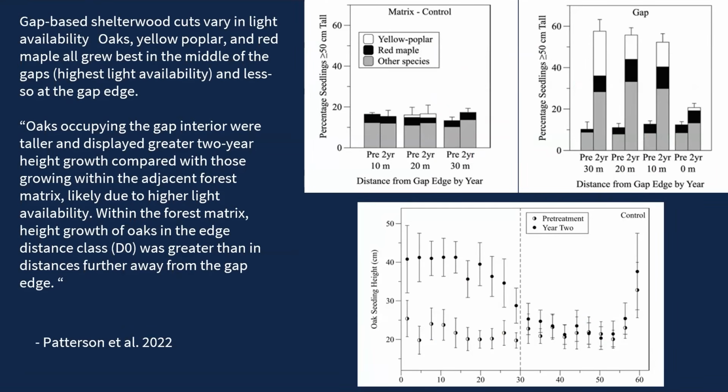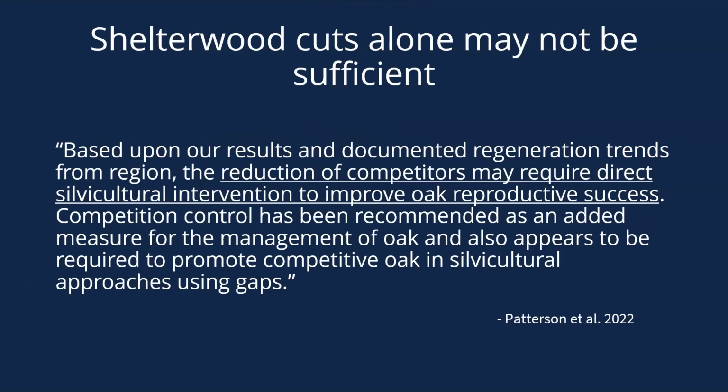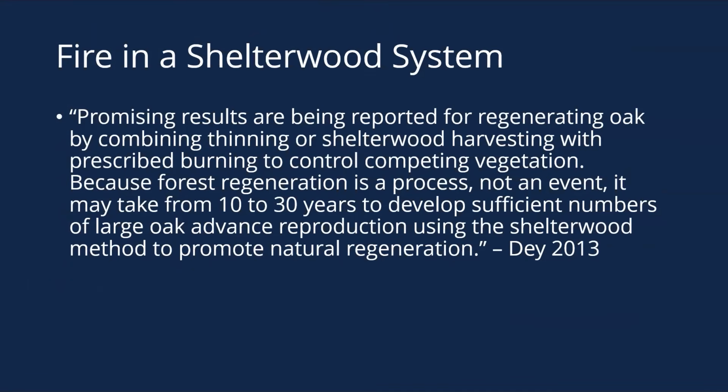And so, understanding that, they went on to say that a reduction in competitors may require direct silvicultural intervention to improve reproductive success. So just doing a shelterwood cut and doing nothing else wasn't effective. They recommended doing some other kind of intervention, and one of the ones that's often used is fire, right?